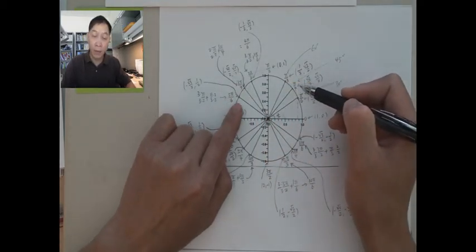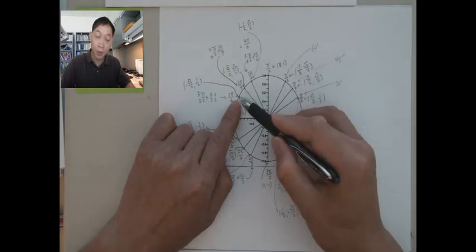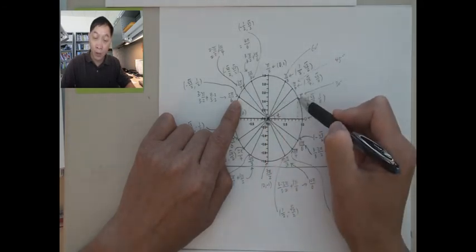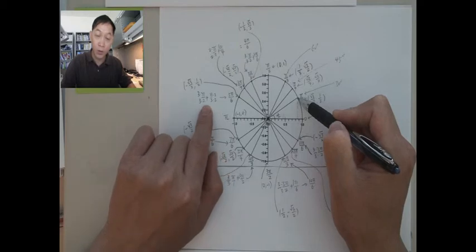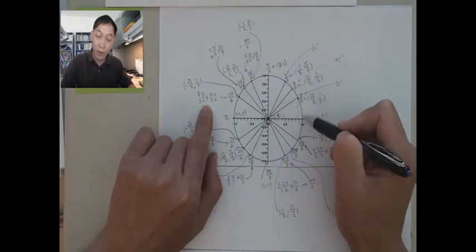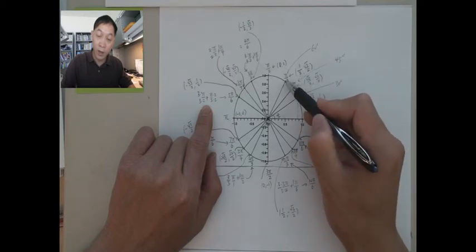Okay? Now, again, this point will be symmetric with this point. And here is the reason. You see, from here to here is 30 degrees. From here to here is another 30, so you get 60.